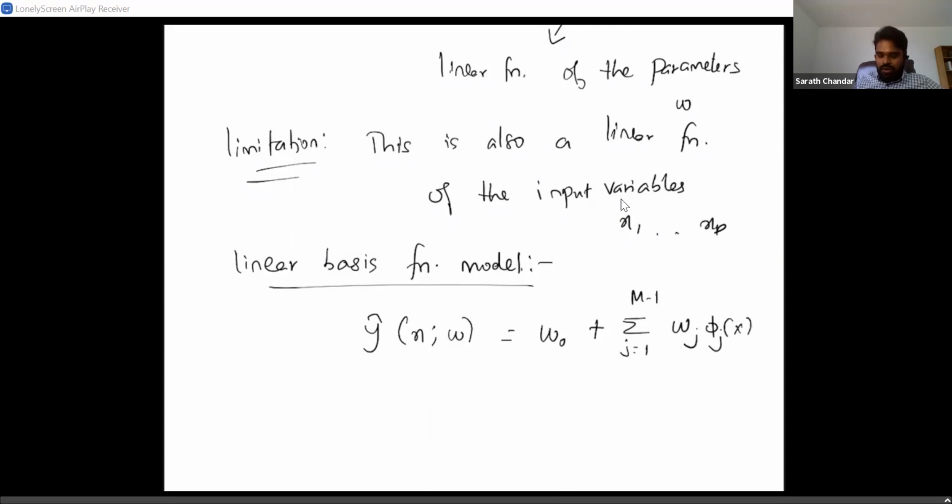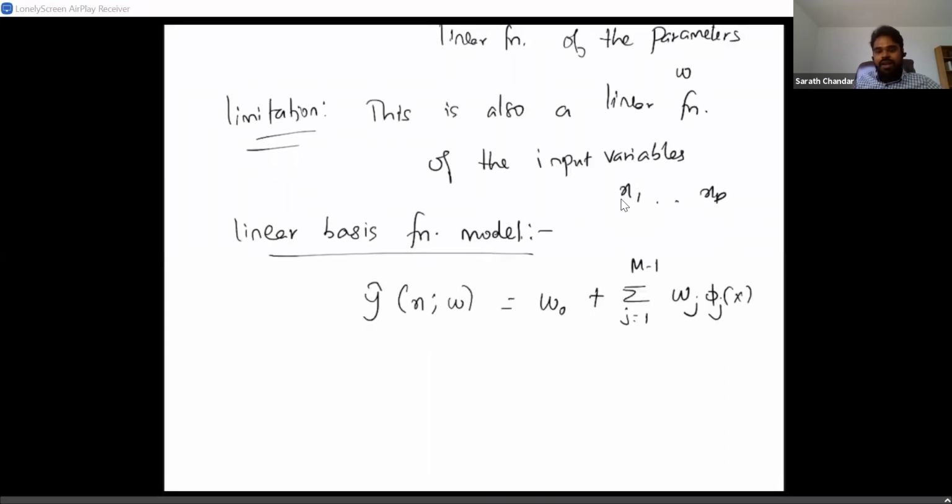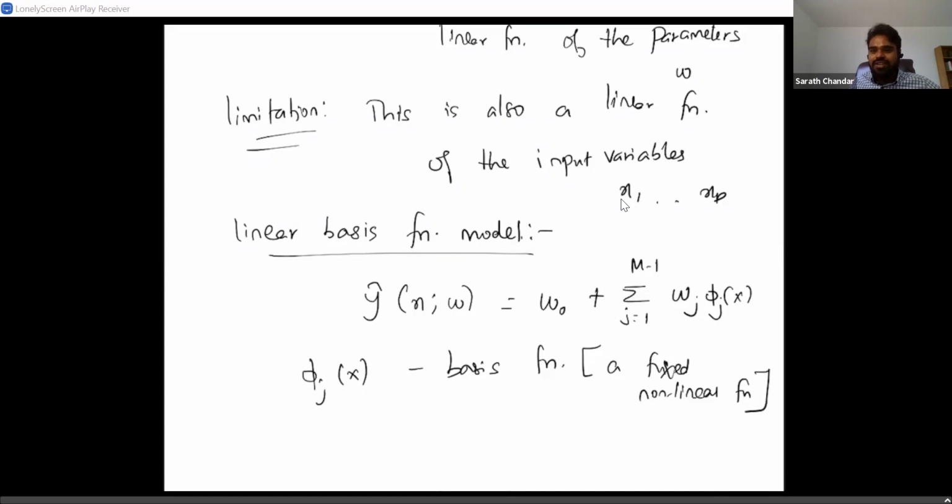Now I'm going to consider m minus 1 functions phi j, which are known as basis functions. These are typically fixed non-linear functions. The best example that we have seen is polynomials. For example, the first phi could be x squared, the second phi could be x cubed, the third phi could be x power 4, and so on.